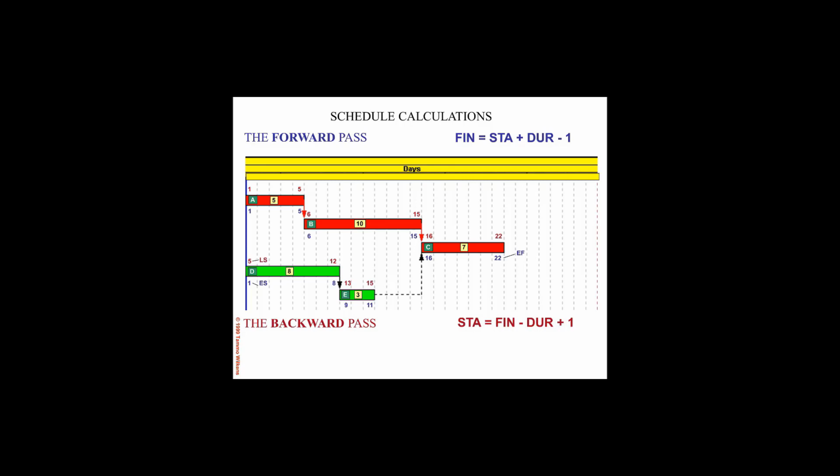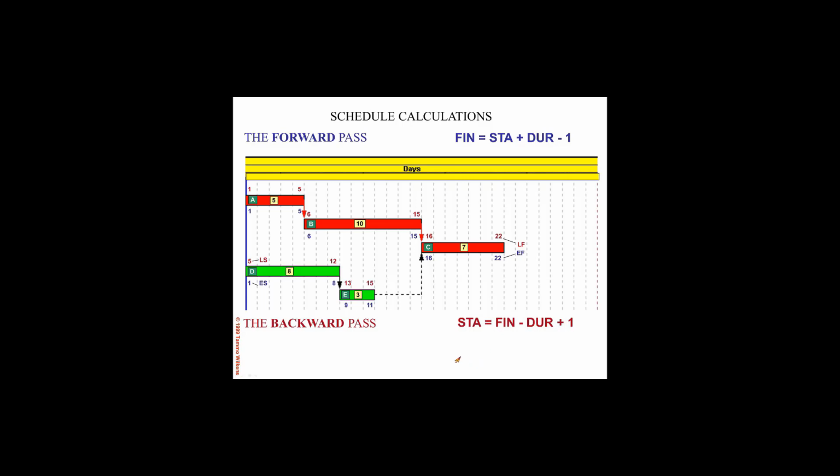And these are known as the late dates. So we have the late starts over here, and we have the late finishes over here on the ends of the activities. And so we're now done with the forward pass and backward pass calculation.